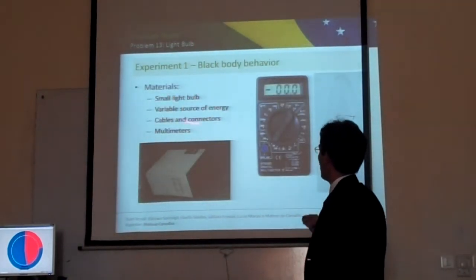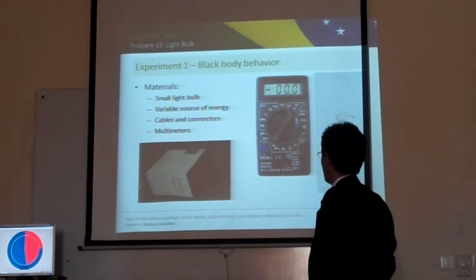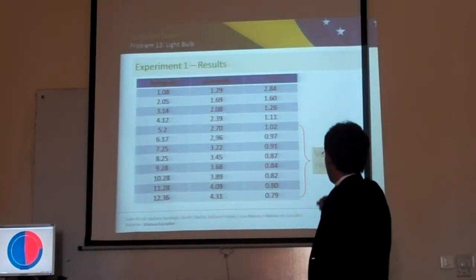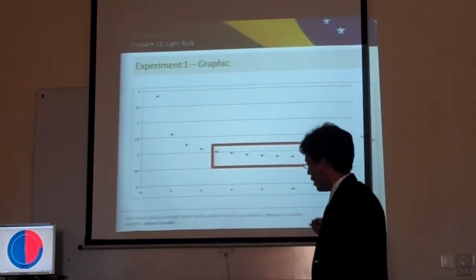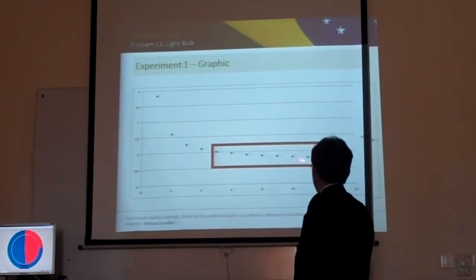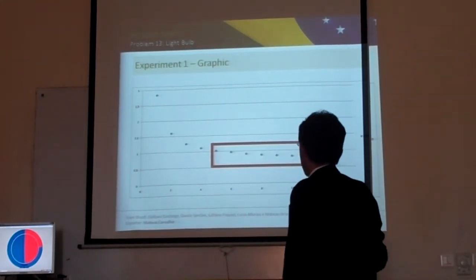We used a small light bulb, a variable energy source, and connectors with multimeters. You have the values, and in a graph you see that this relation is very close to constant. So we consider the lamp as a black body.